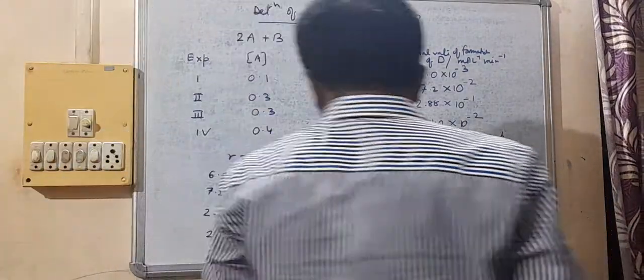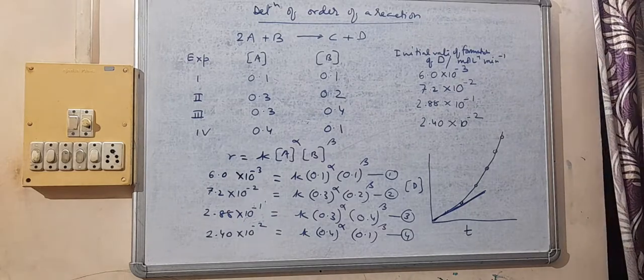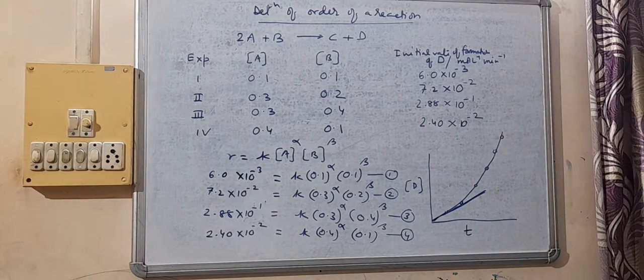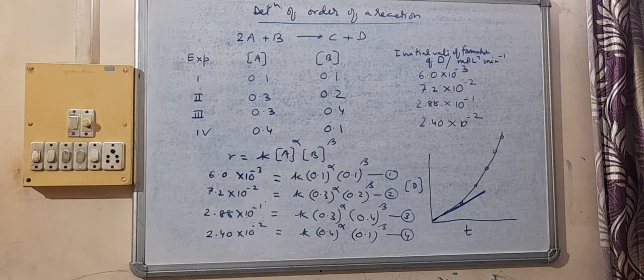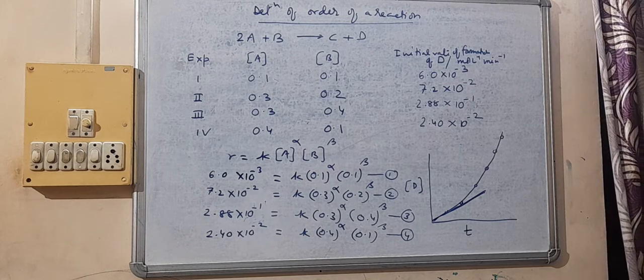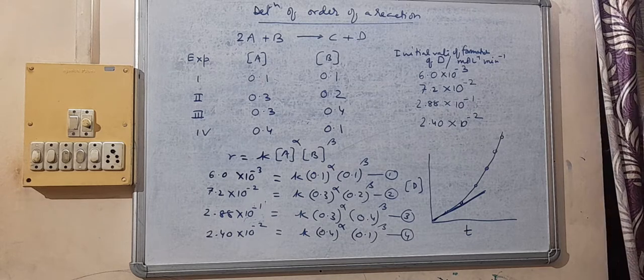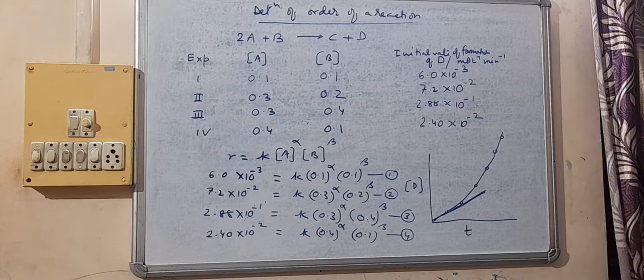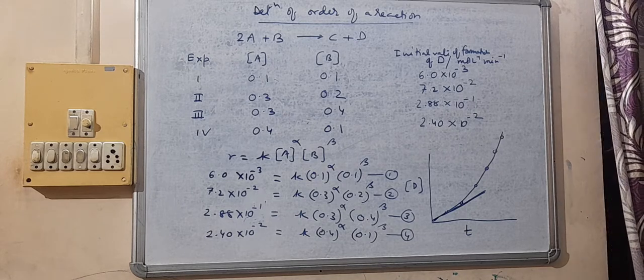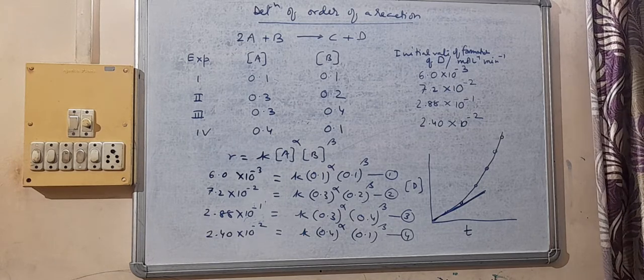So we have these 4 equations, and now we will divide one equation by the other. We divide in such a way that either alpha or beta, any one of them, gets cancelled out.